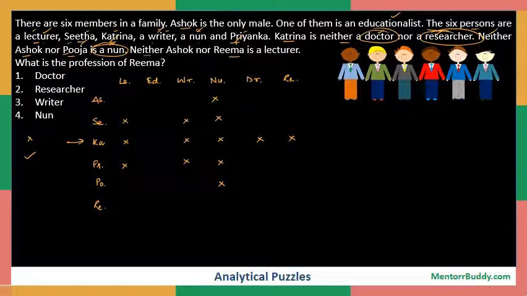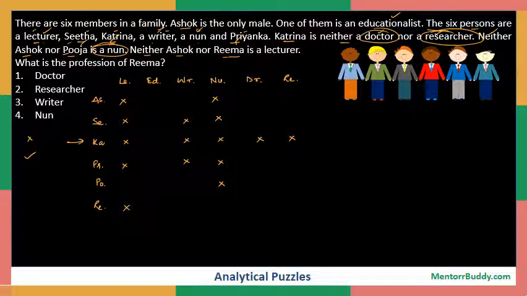The last line says neither Ashok nor Reema is a lecturer. So Ashok is not a lecturer and Reema is also not a lecturer. So this is the direct information given to us in this question, and based on it, we have put the cross sign in front of their names wherever they cannot have a particular profession.